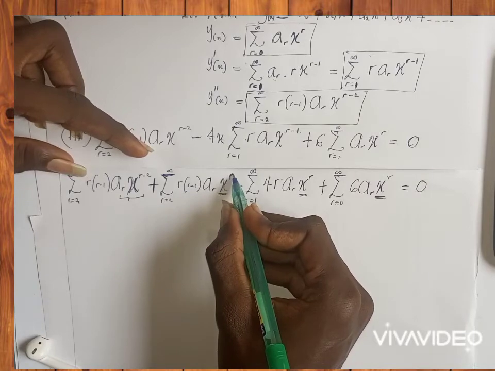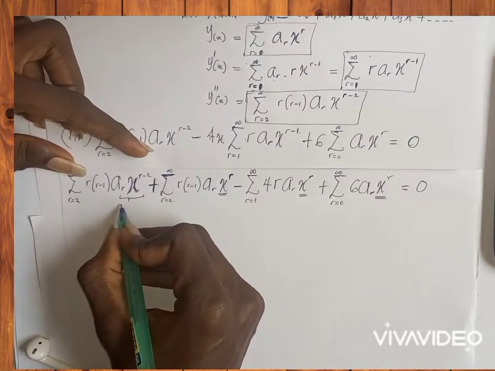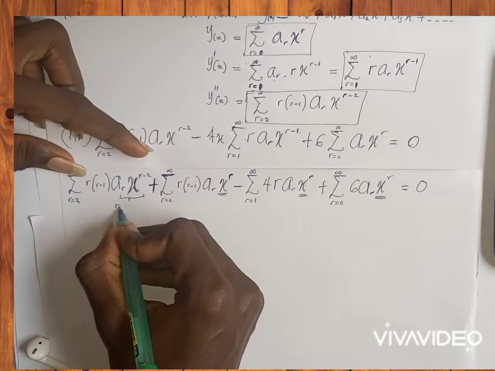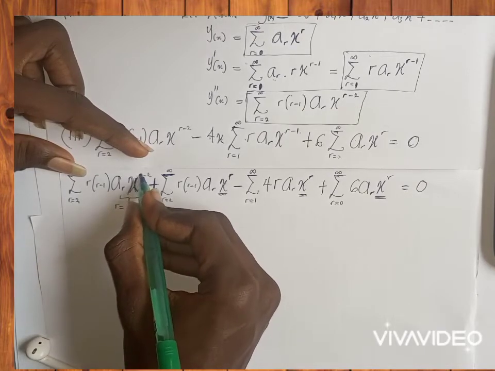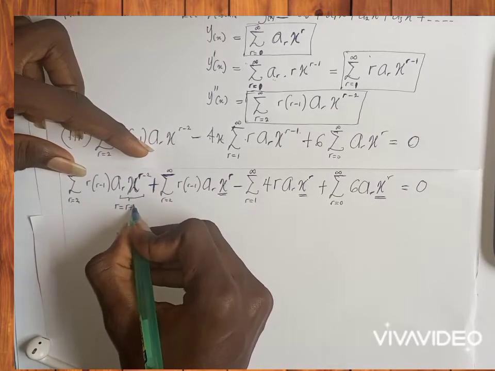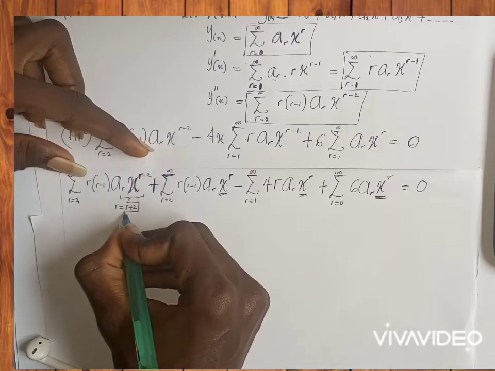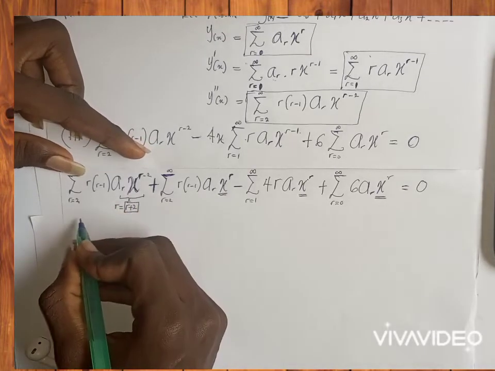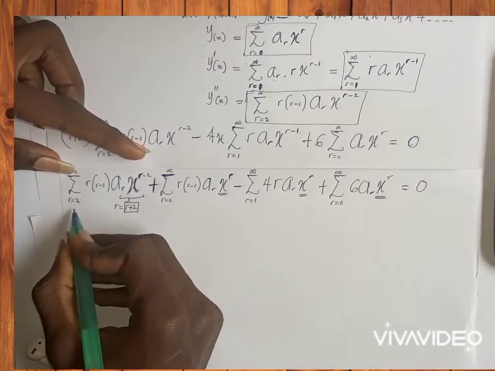How will I be able to do that? Suppose I decide to replace r with r + 2, then it affects everything we have here.